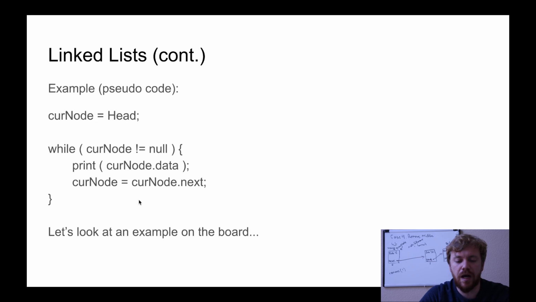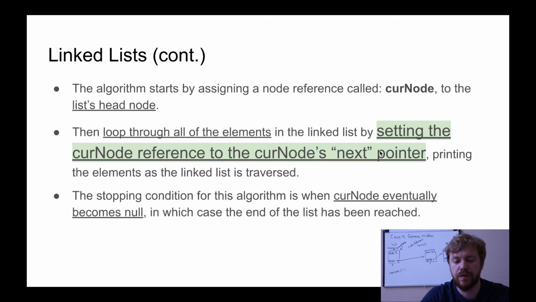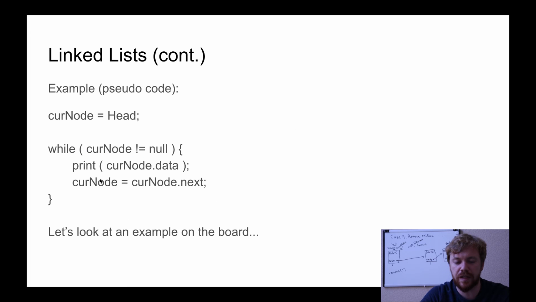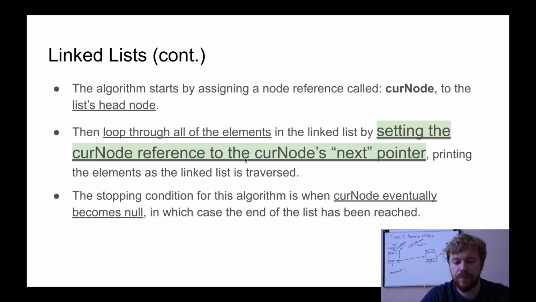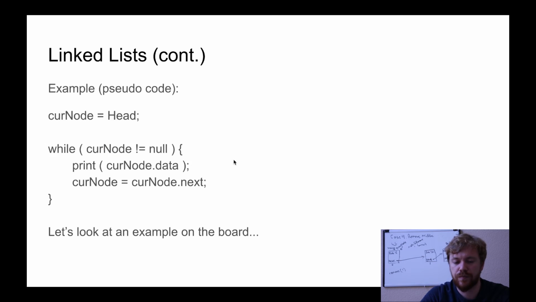And this is the updating, this is the actual traversal through the linked list. So we say current node is equal to current node dot next. And so that's this right here, setting the current node reference, this guy, to the current node's next pointer, this guy.